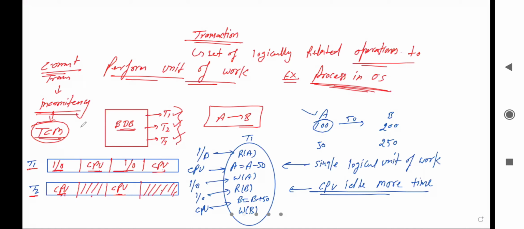So now we'll discuss about some of the properties, that is ACID properties.